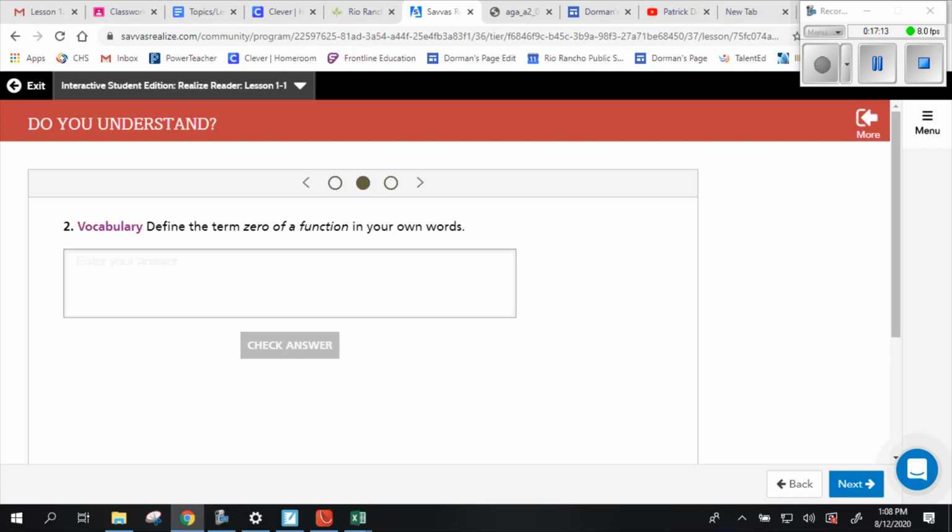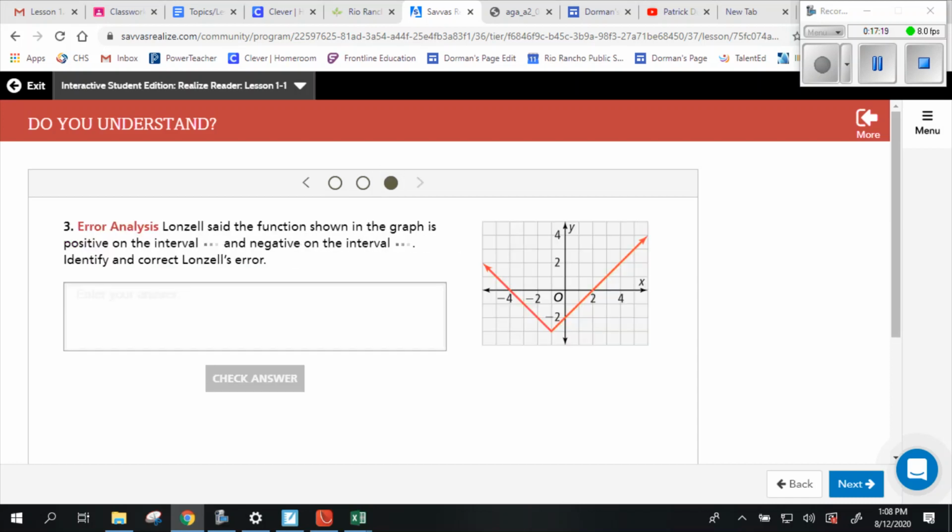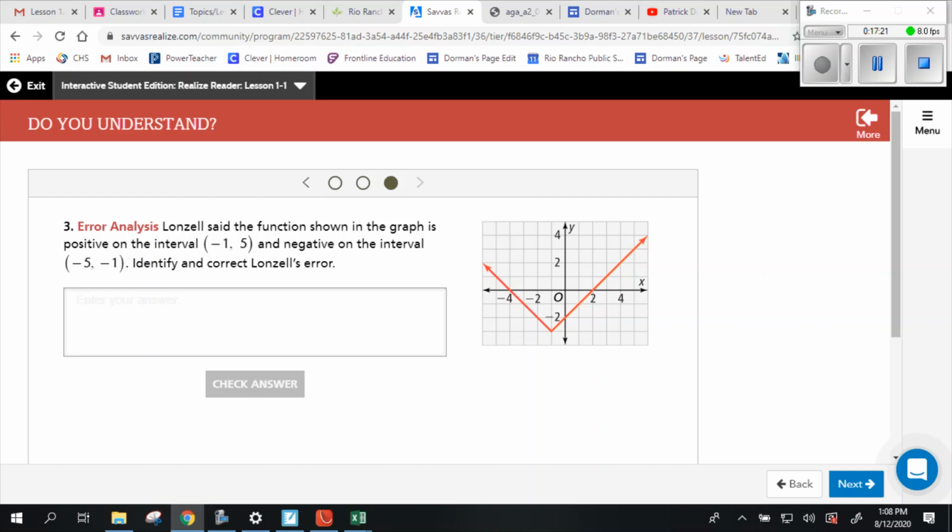All right, so Alonso said that this function is positive on the interval from -1 to 5, and negative on the interval from -5 to -1. Now, he's kind of right, but at the same time, he's also wrong.